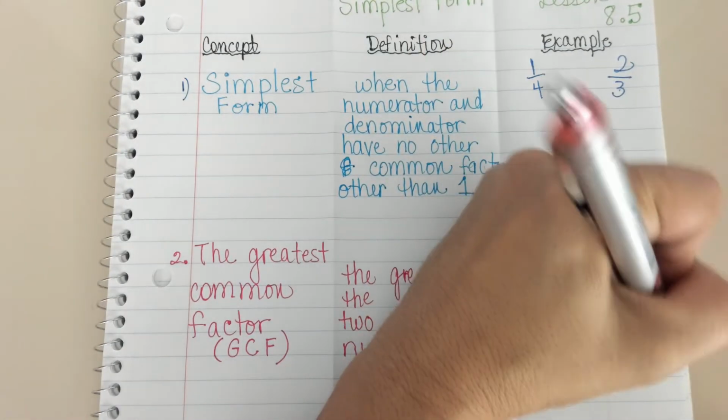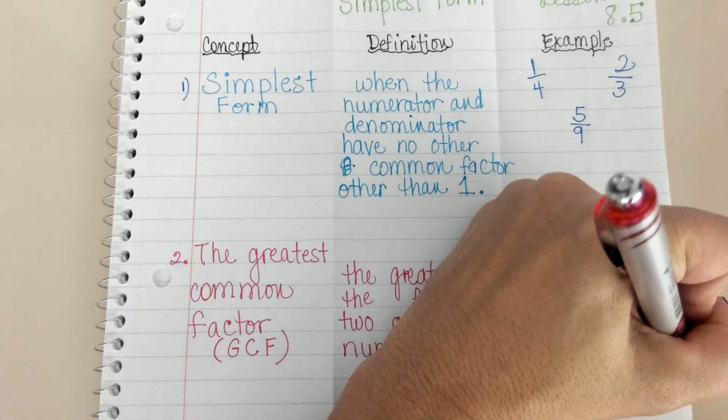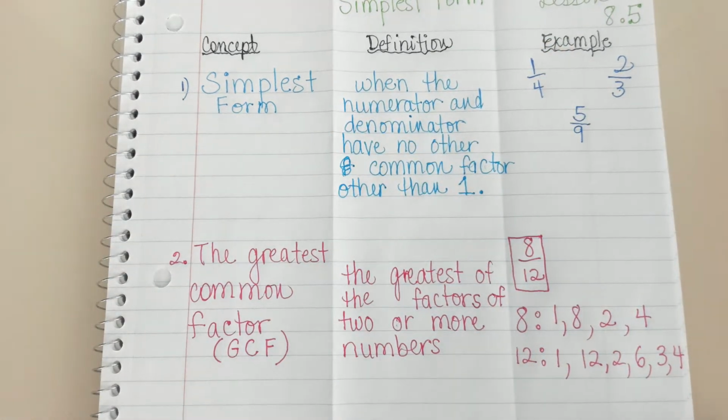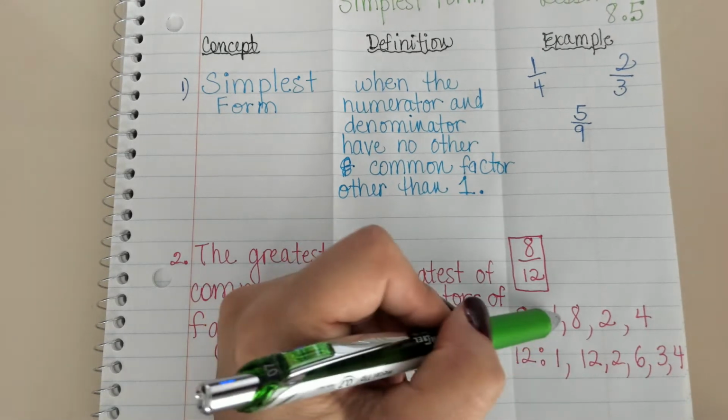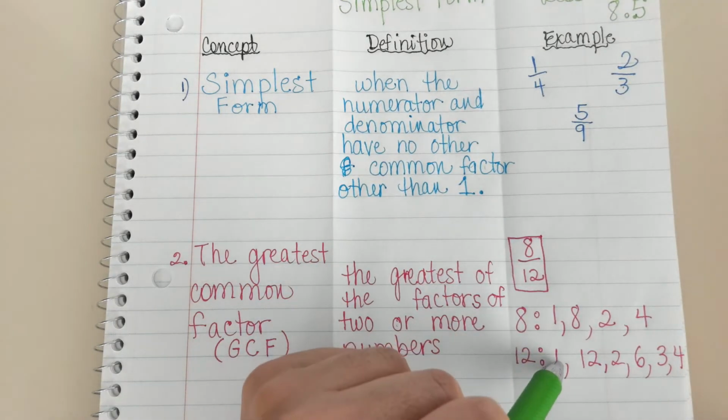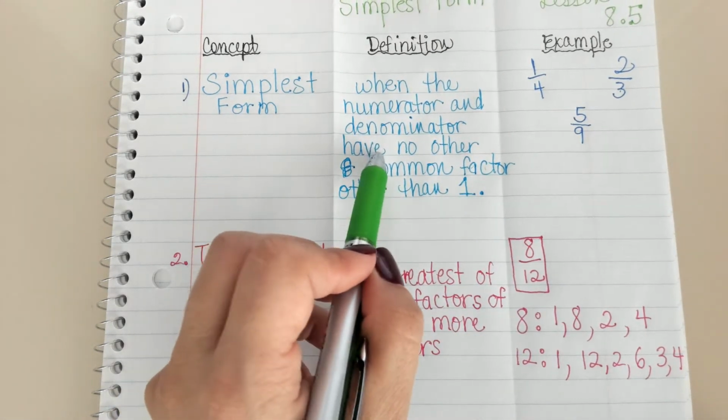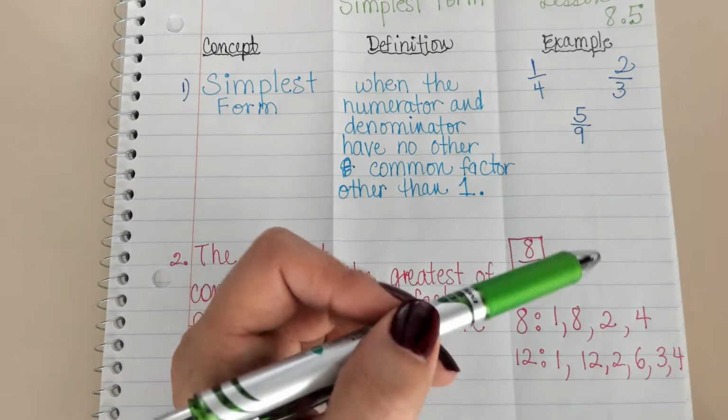Factors for 12 are 1 times 12, 2 times 6, 3 times 4. Well, they have a common factor here, which is 1. But they have a greater factor. They have more factors in common than just 1.